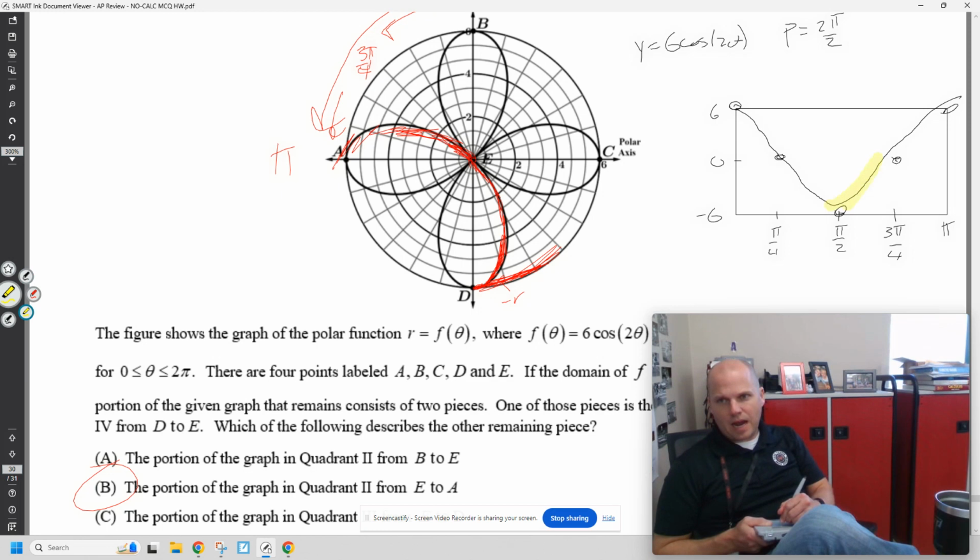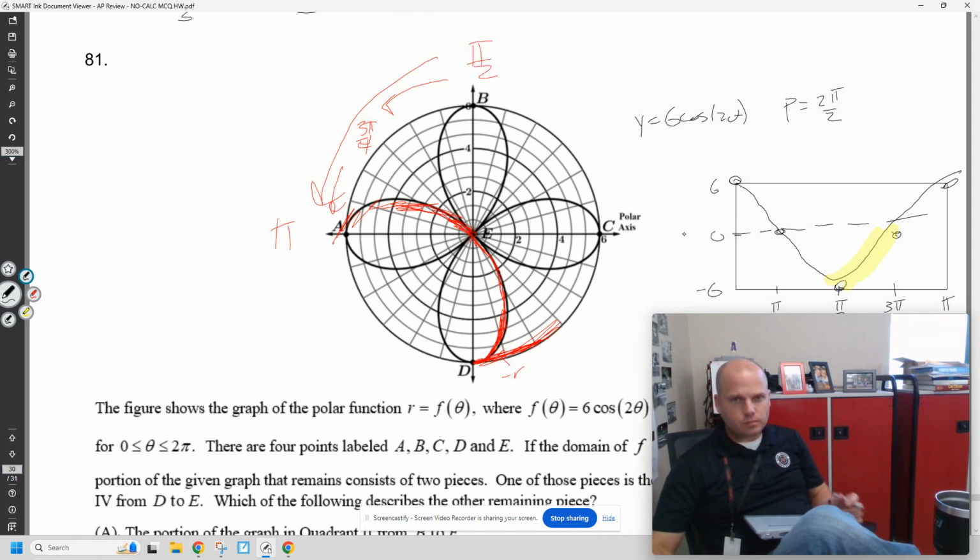Between pi over 2 and 3 pi over 4, our radiuses are negative. Between pi over 2 and 3 pi over 4, my radiuses will be in the opposite quadrant between 3 pi over 2 and 7 pi over 4. Here are my opposite radiuses getting plotted in this direction as my angles are going in this direction.